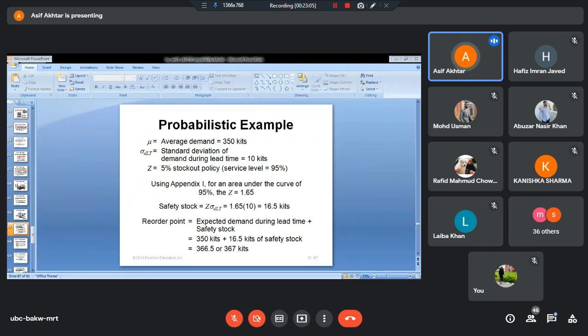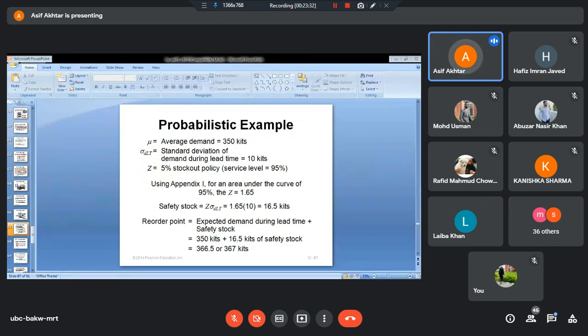Standard deviation is already given in the question, 10 kits. Z we are taking at 95% probability level, which from the table comes out to be 1.65. हमने दोनों को मल्टीप्लाई कर दिया and we get the safety stock as 16.5 kits, which if you want you can round off to 17 kits.